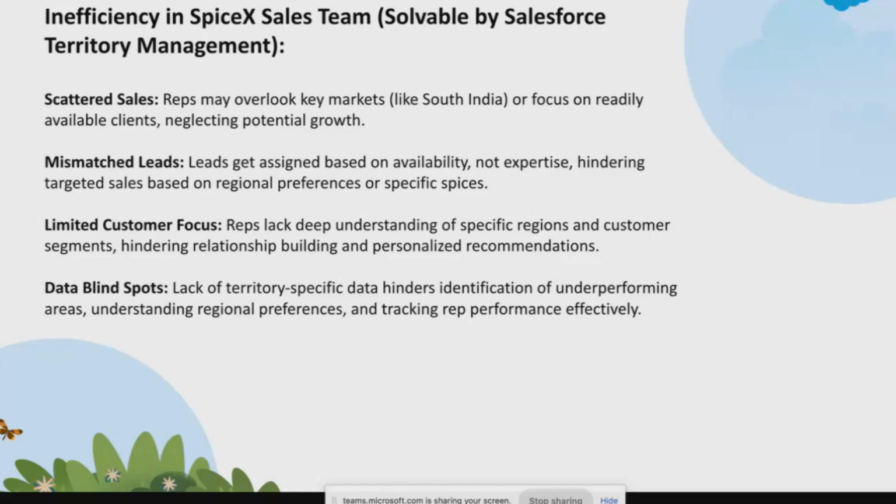Whenever a request comes from a company for an inquiry about our products, people who are free at that time will take that request. That reduces our efficiency, because our salesperson's expertise is not considered in the assignment of that sale. So that is another inefficiency.